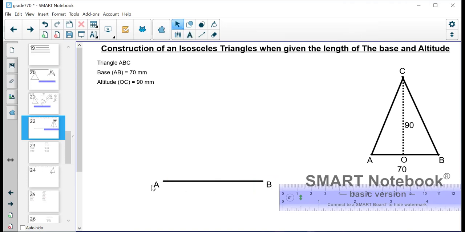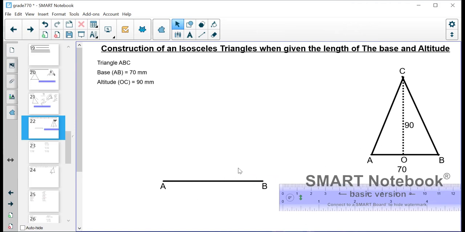Good. Now, seeing that we found AB, you might be wondering, what next should we look for? We already have AB. Do we find AC, or do we find BC, or do we look for the altitude? Now, in this case, you were not given the length of AC nor BC. We were given the length of the altitude. So that is what we look for next, the altitude.